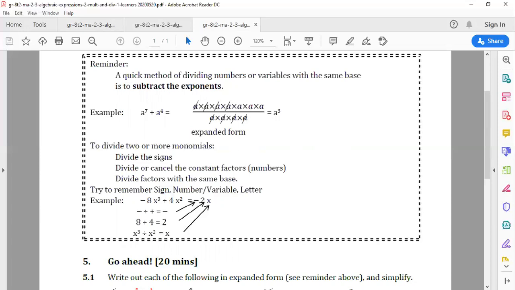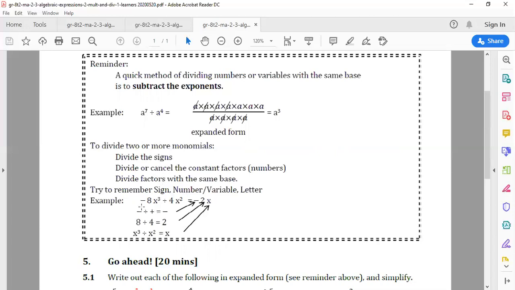So again, try to remember the following. You first determine the sign of the solution. You then solve for the number, and then the letter.